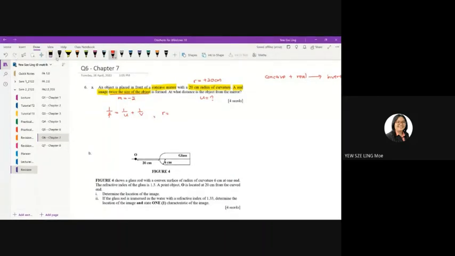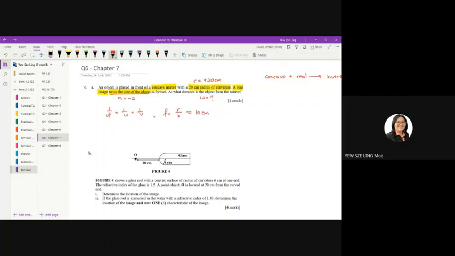F equals R over 2. So it is equal to 10 cm.